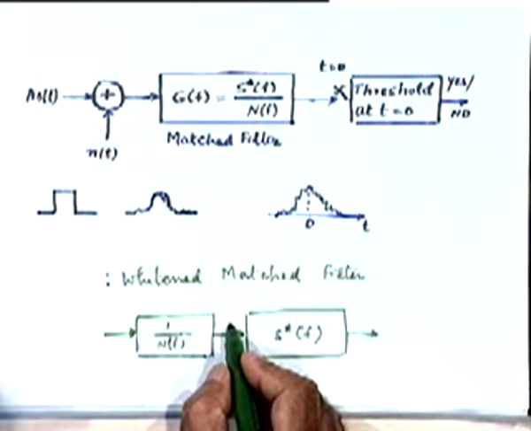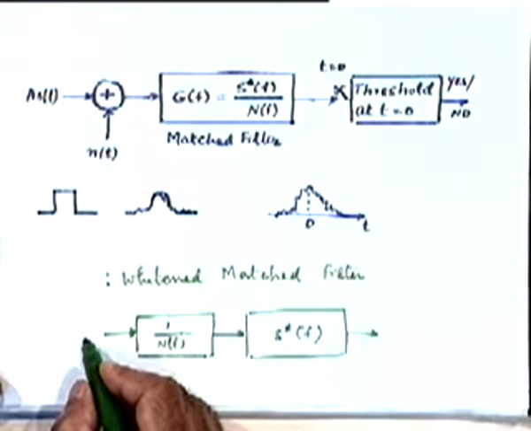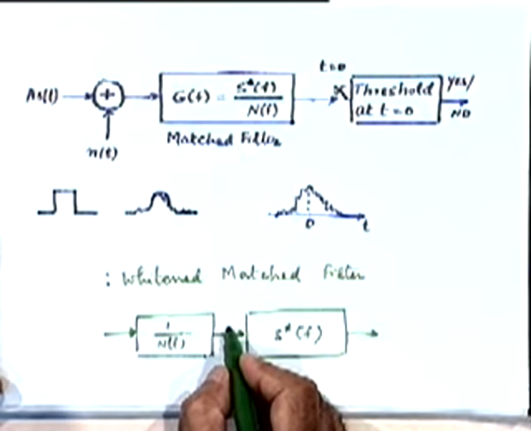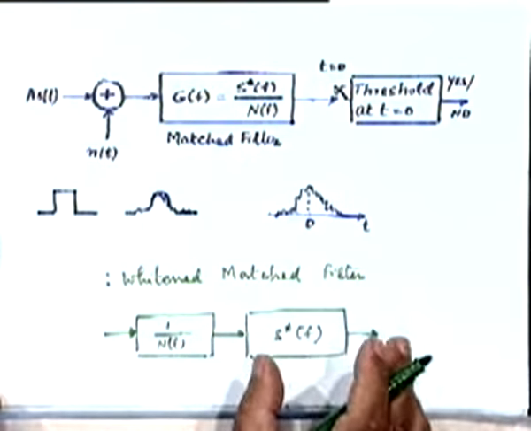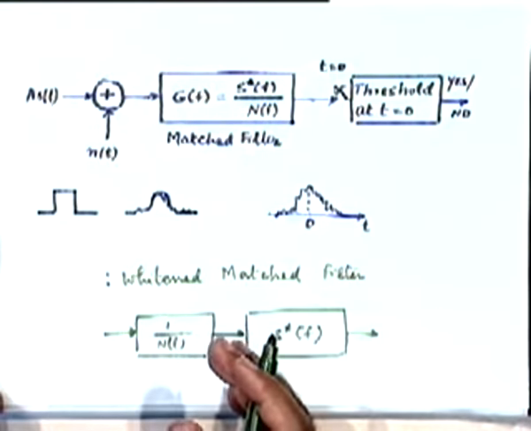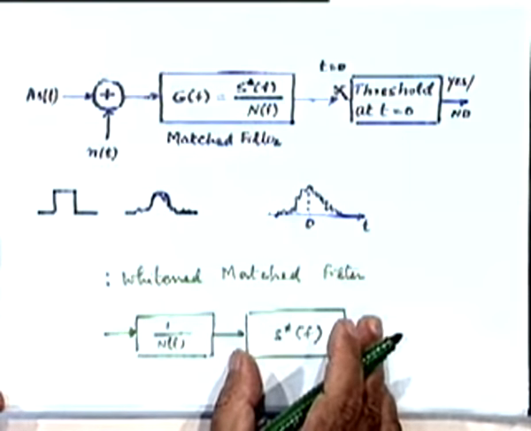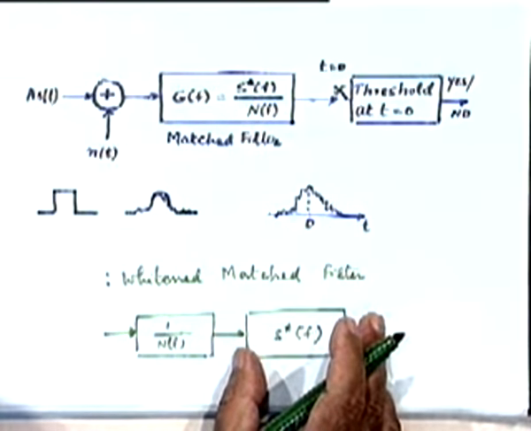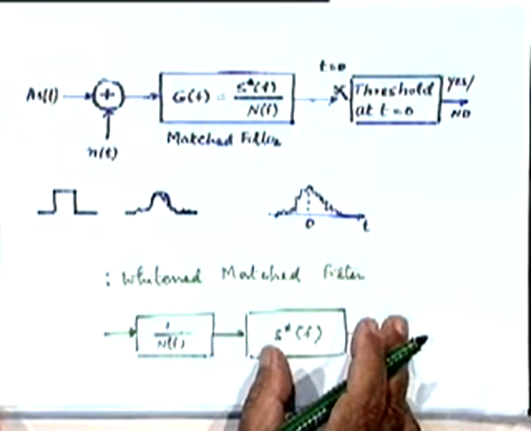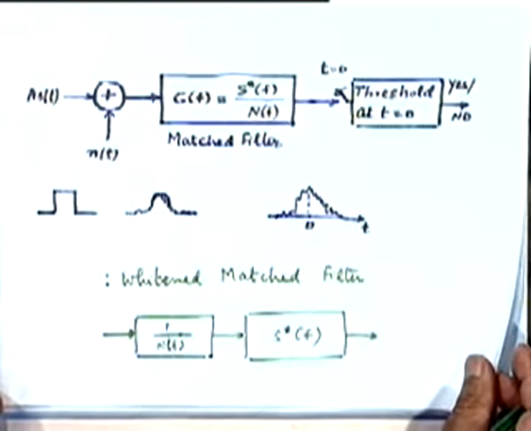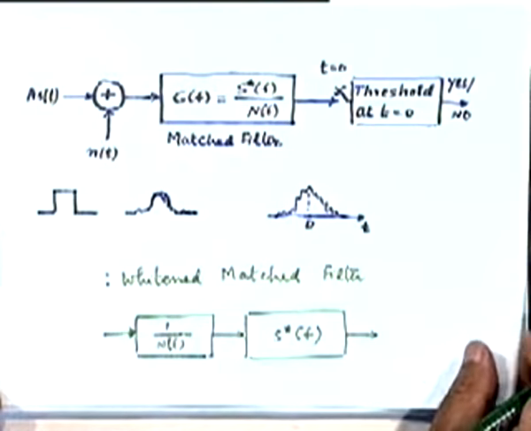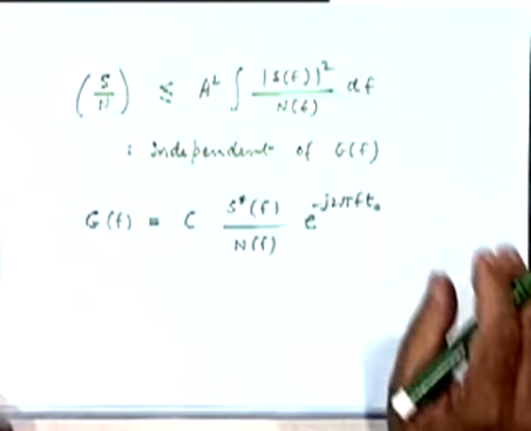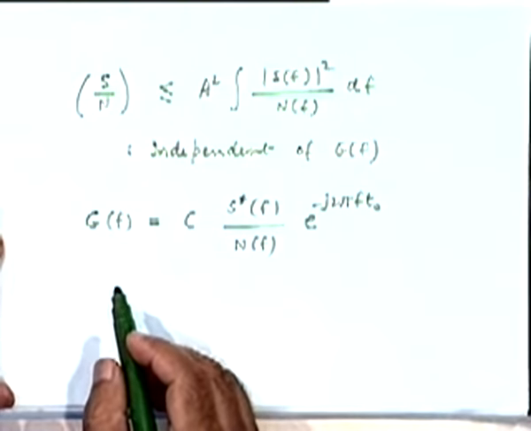It will be constant, equal to 1. It will become white noise here. So whatever noise is present is whitened here, and if the signal is also present, that also gets modified to some extent, and then we pass it through a filter which is really matched to the signal itself. So we call it a Whitened matched filter. This is just a term that comes from this kind of interpretation.